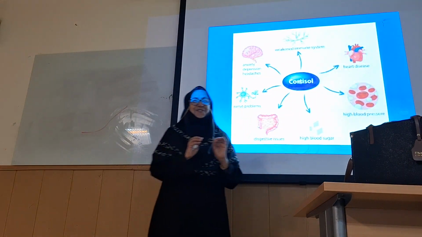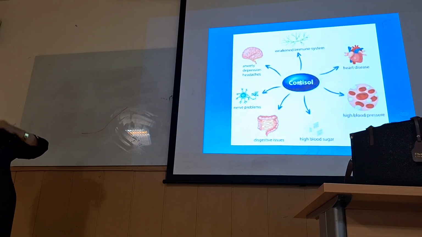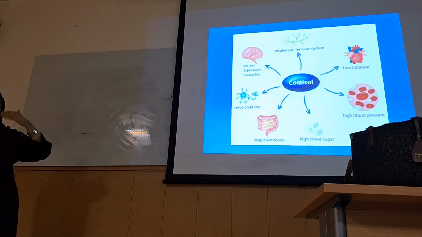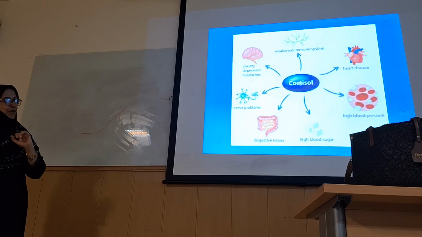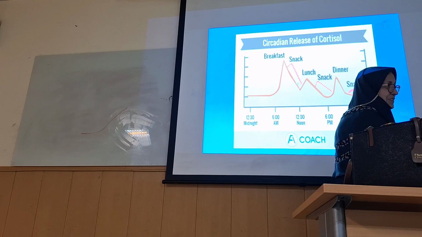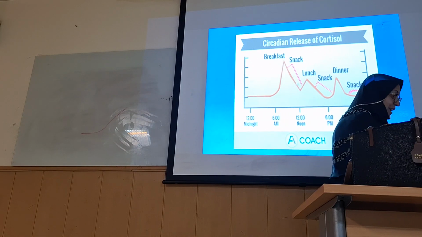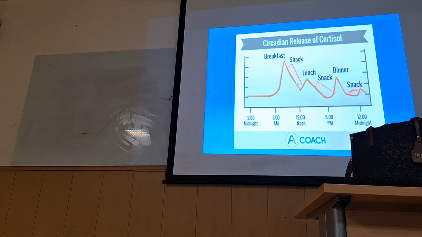Aldosterone has a shorter half-life than cortisol, because 50% of aldosterone is in free form. Cortisol, how much percent? 90% of cortisol is combined to the CBG, but aldosterone only approximately 50%, so its half-life is shorter.